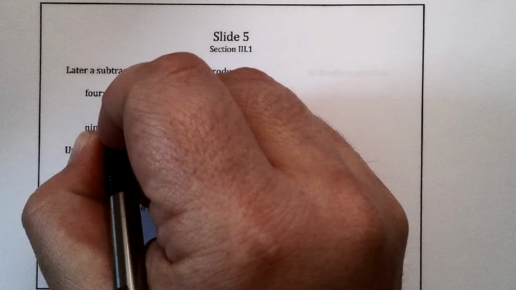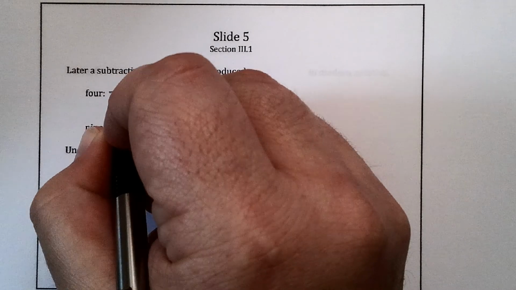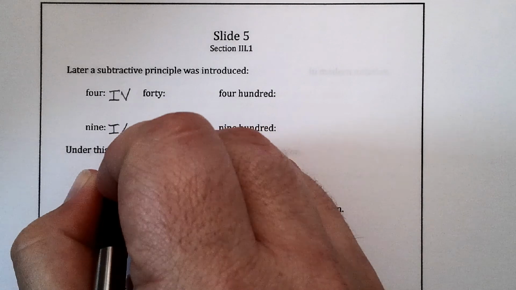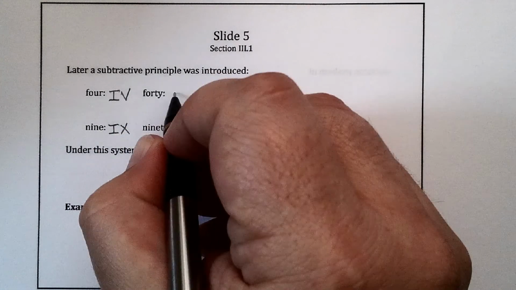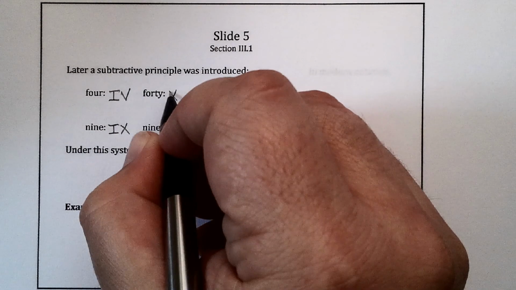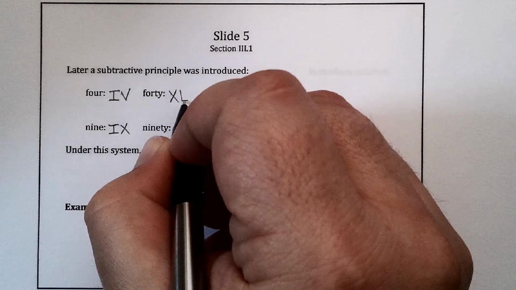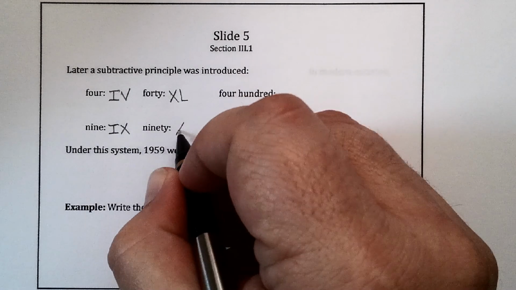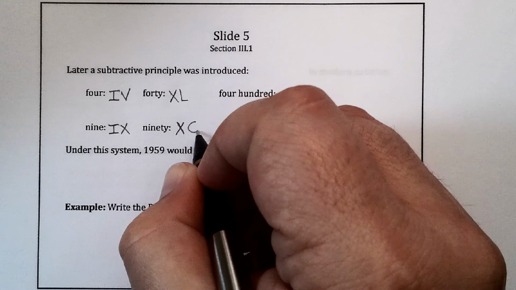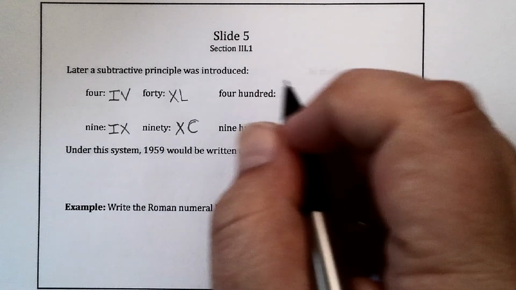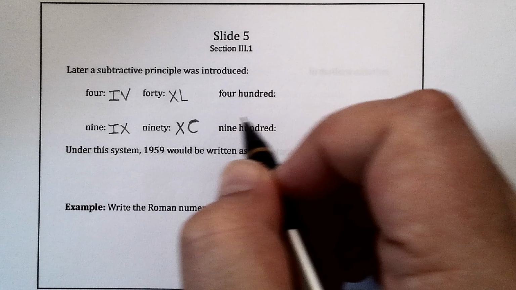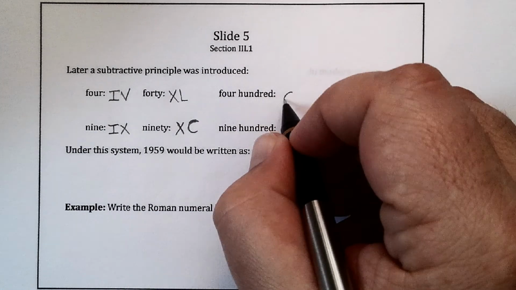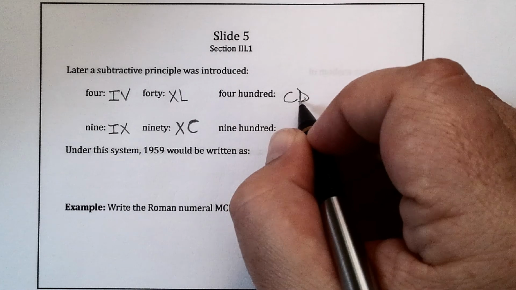So 4 is IV, that's 5 minus 1. 9 is IX, it's 10 minus 1. 40 is XL, that's 50 minus 10. 90 is XC, 100 minus 10. 400 is CD, that's 500 minus 100.